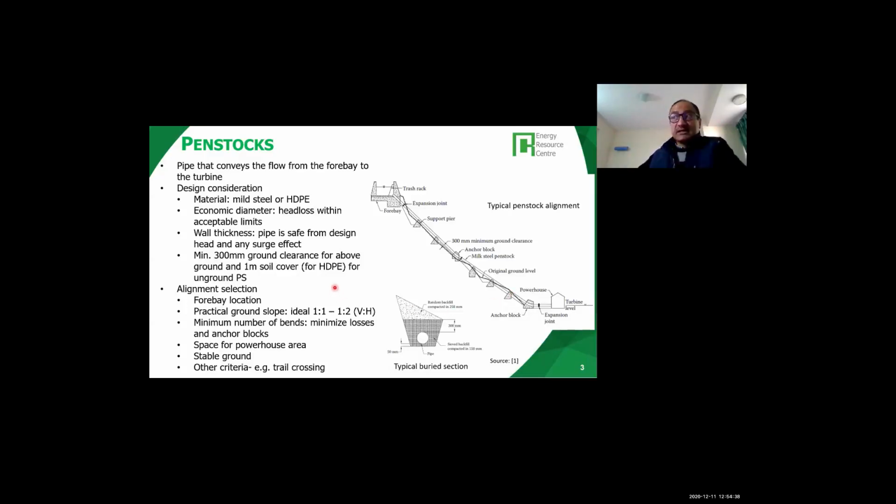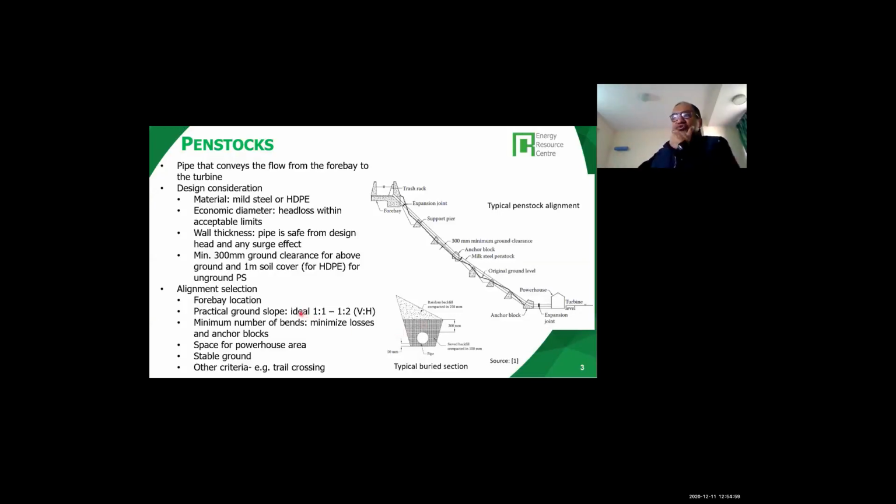The loss depends on the diameter of the penstock and the number of bends and contractions. There is friction loss and there is loss due to the bends, contractions, and expansions.